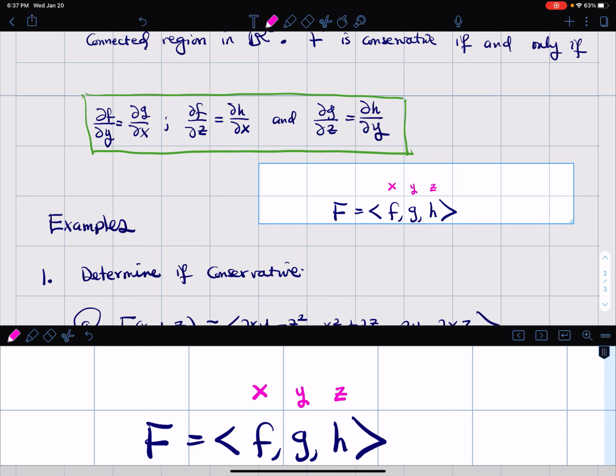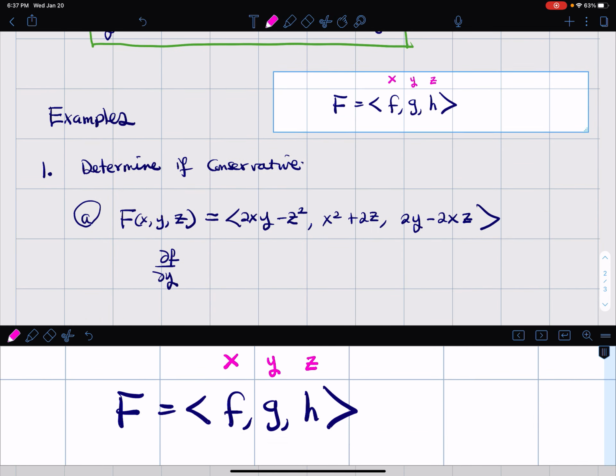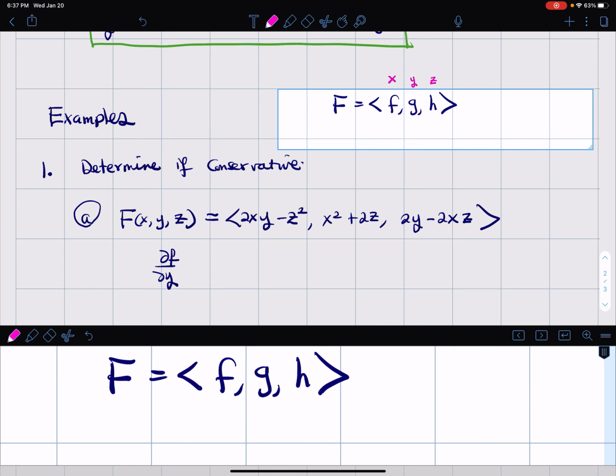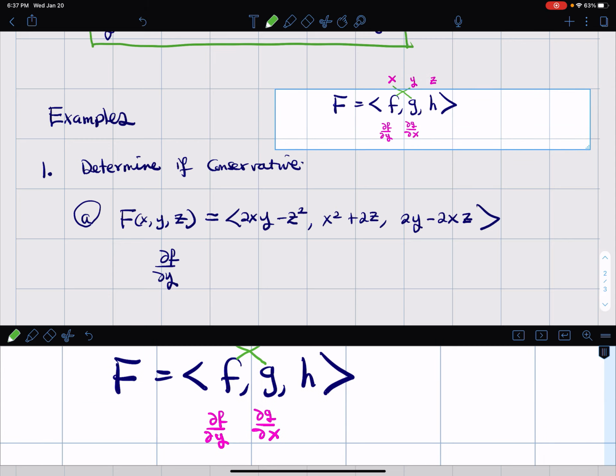So what are you doing? You really have to check the derivative. You want to check that df/dy is the same thing as dg/dx. So you want to switch their variables to get that.